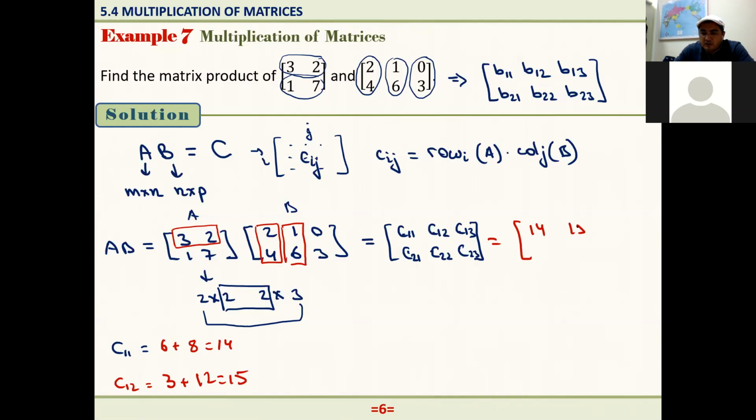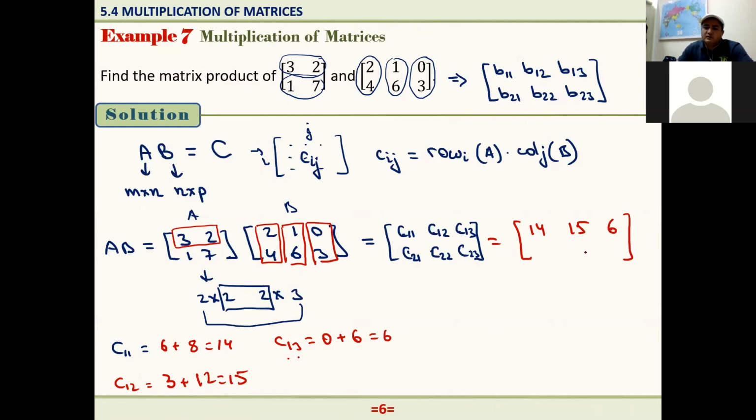So this entry will be 15. C13: we multiply the first row by the third column. 3 times 0 is 0, plus 2 times 3 is 6. So the result is 6 here.